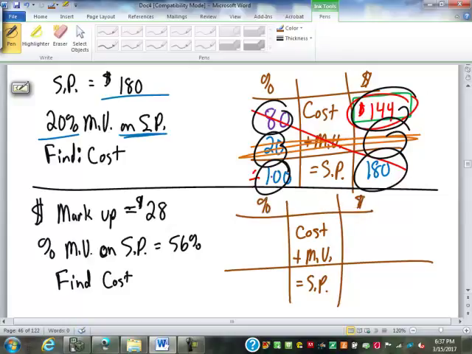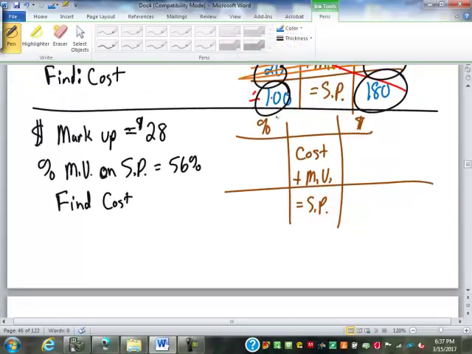So we got our standard table. $28 goes on the dollar side of the markup. 56 goes on the percent side of the markup. And 100 goes on the selling price, which makes this number here 44.